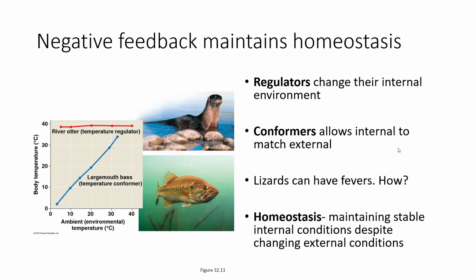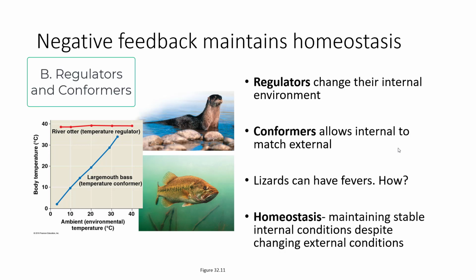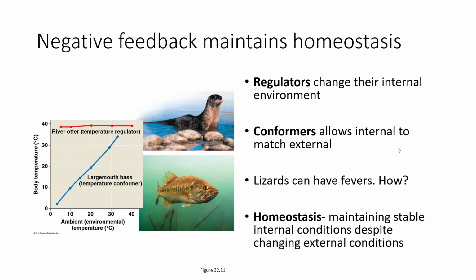Regulators are going to change their internal environment in response to any external changes. Look at this otter. It is going to maintain its temperature through homeostasis. Conformers just allow their internal environment to match their external environment. One way they can change their internal environment is by moving to a different external environment.